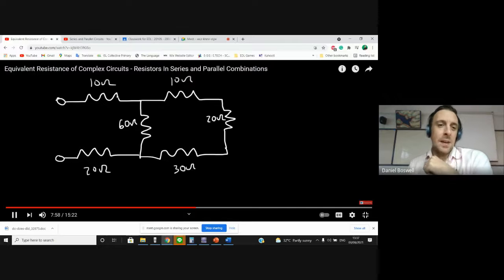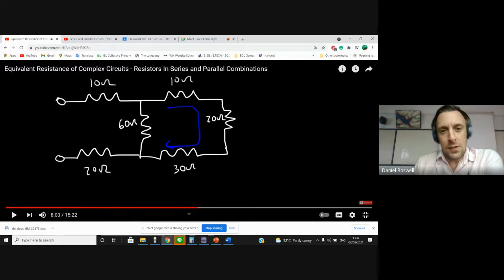So now we need to calculate the equivalent resistance. We're going to go in series first. So we know 10, 20 ohm, 30 ohm. These resistors are in series. So what do we do to find out the total resistance of these?